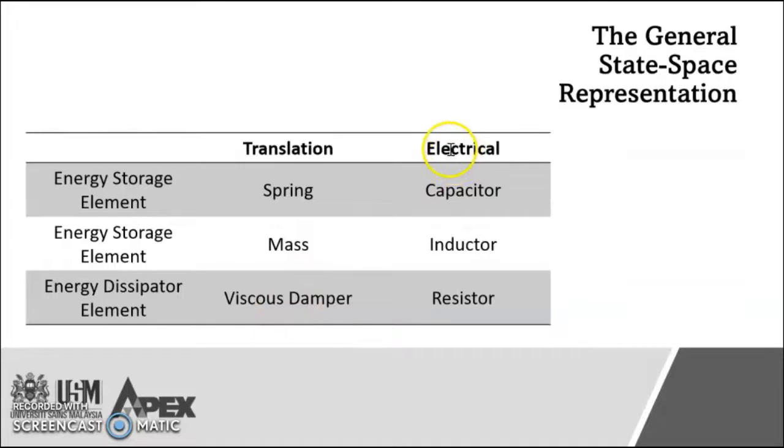While in an electrical system, the ones that store energy are the capacitor and the inductor, while the resistor dissipates the energy. So that's why when you have a resistor in the circuit, that resistor will become hot, because it dissipates the energy. So this is the basic thing that you have to understand.